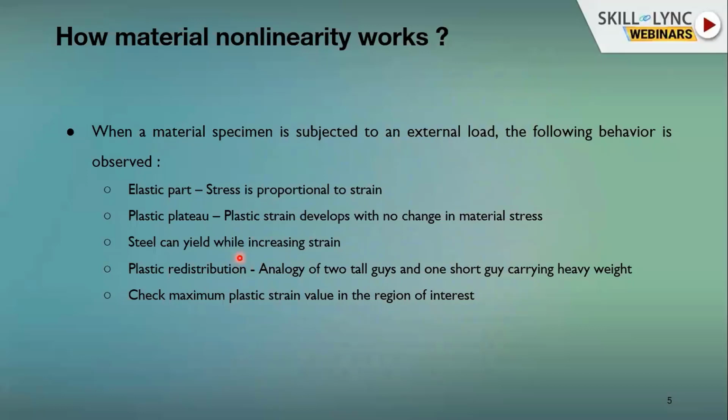So finally, the most important thing that we need to check for is this: you do a linear statics, you get your stresses, you compare the stresses with your yield limit if you're dealing with a ductile material, and you feel that, okay, my stresses are too high. You're not able to believe that the stresses can be that high, because even your basic beam calculation or analytical method might help you a little bit on the analytical results, which is way far away from what the simulation results are.